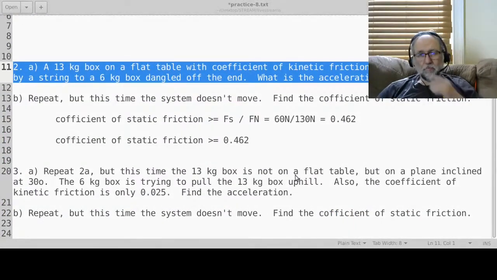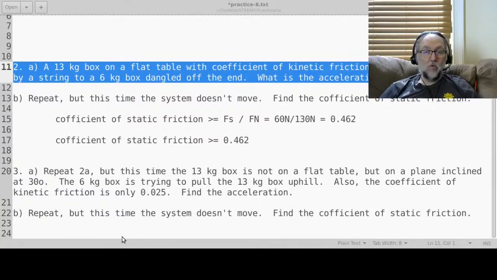And actually, I did this even for my other class. Rather than solving part A first, which is the kinetic friction part where it's moving, let's actually do part B first. Question number 3 is about as hard as I'm going to make your problems. You have one similar to it on the assignment, and there'll be something like it on the test as well.